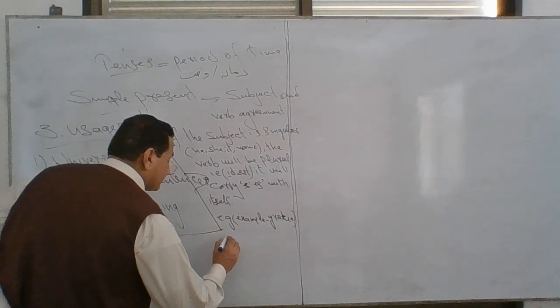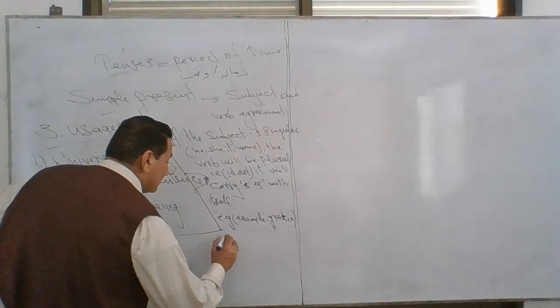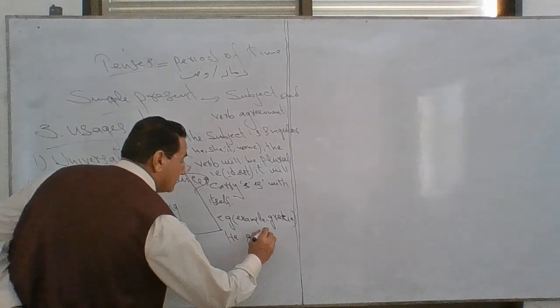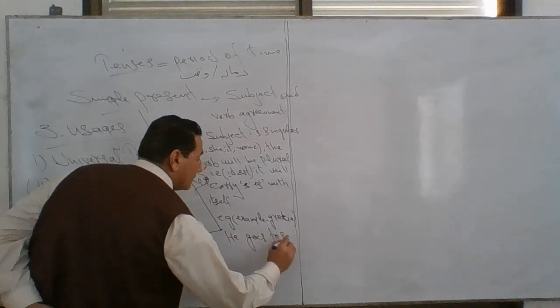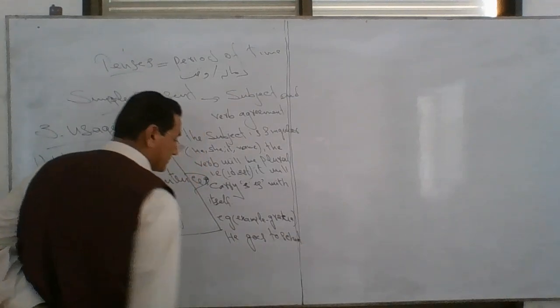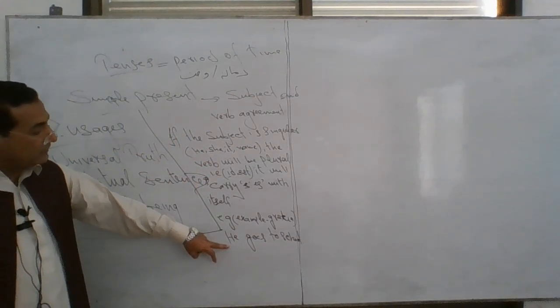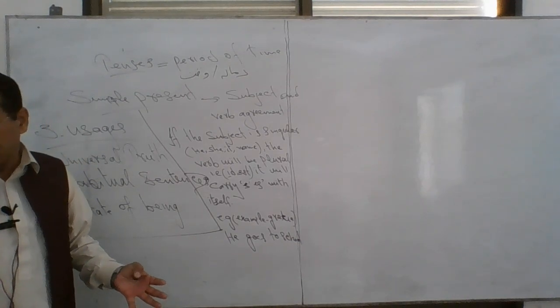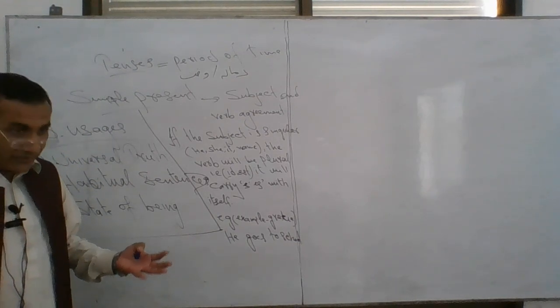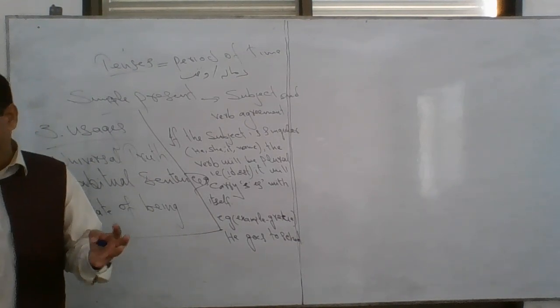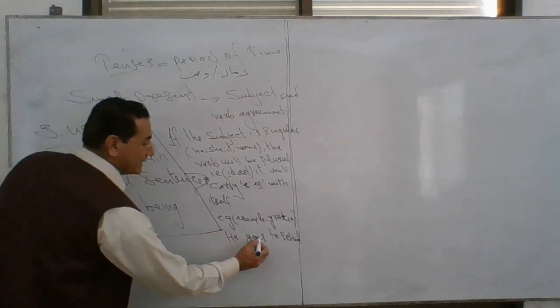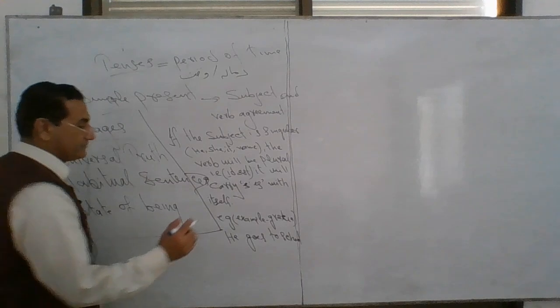Now if I write, he goes to school. He is singular, and the verb go, the very work he is doing, that is plural. As I already told you, verbs do not have singular or plural, but it is only for your understanding that it carries S or ES with itself.